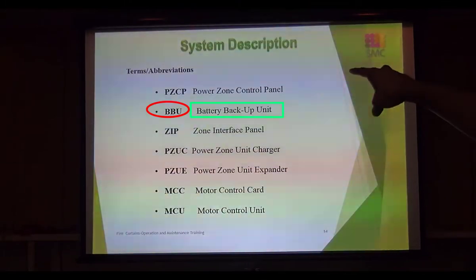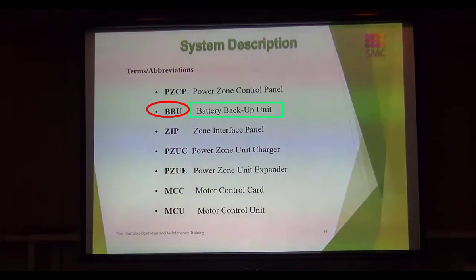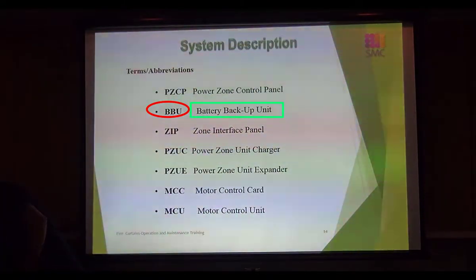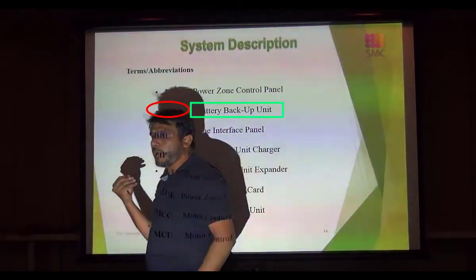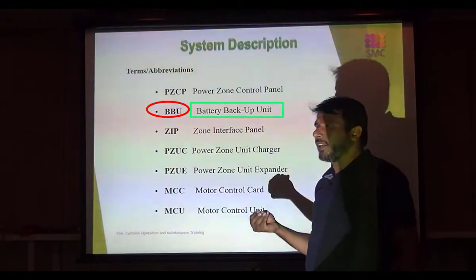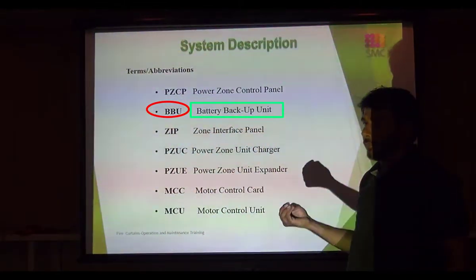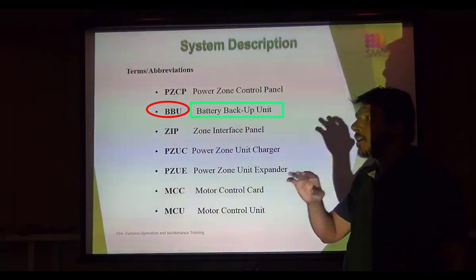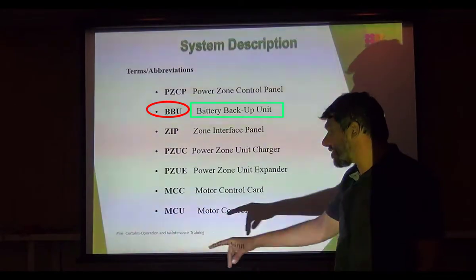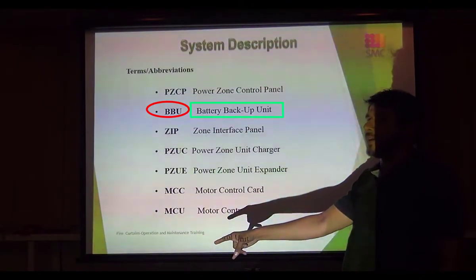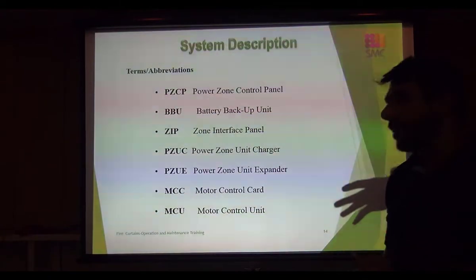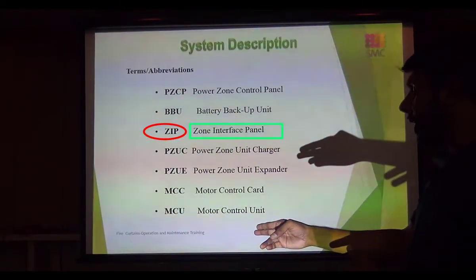If there is a power failure, they will hold the curtains until there is an emergency situation, fire signal or something. Then the curtains will come down. So these batteries provide the backup for the power. So we call it BBU, battery backup units.